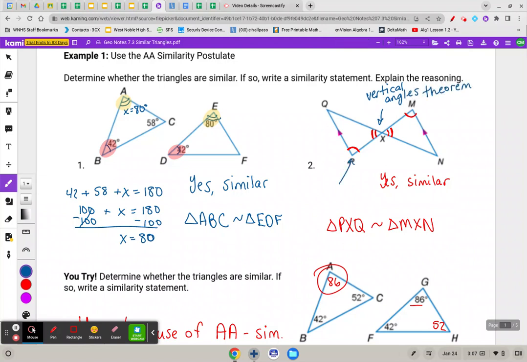We also have alternate interior angles theorem, which helped us out in knowing that these two triangles were similar.